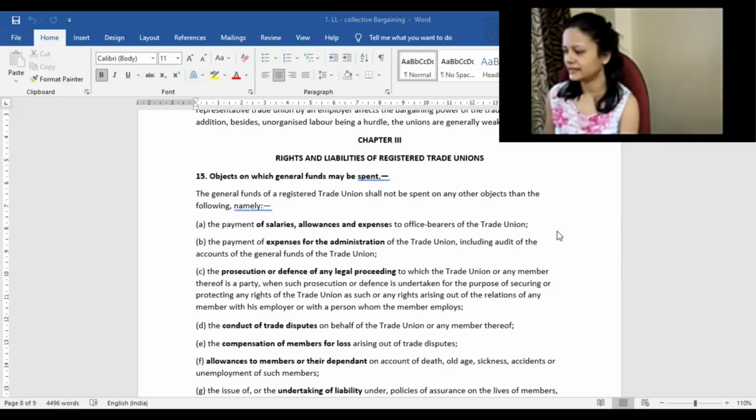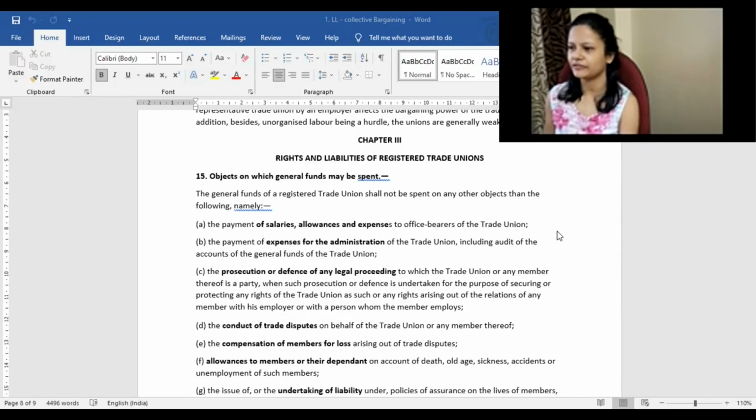And rights, as in they would be given some immunities from some obligations under law. So from some legal obligations, they will be getting some immunities. And when we talk about obligations, there are some rules or process for how they can use their funds. So that is nothing but rights and liabilities.